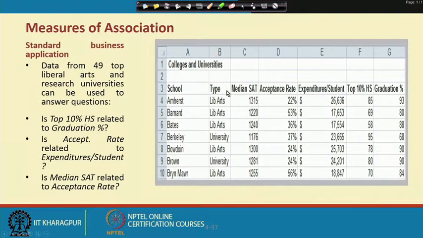Now the process is like this. Let us say these are all different scores, and we like to know whether these scores are correlated to each other. For instance, putting money in a particular investment process is called, let us say, expenditure.